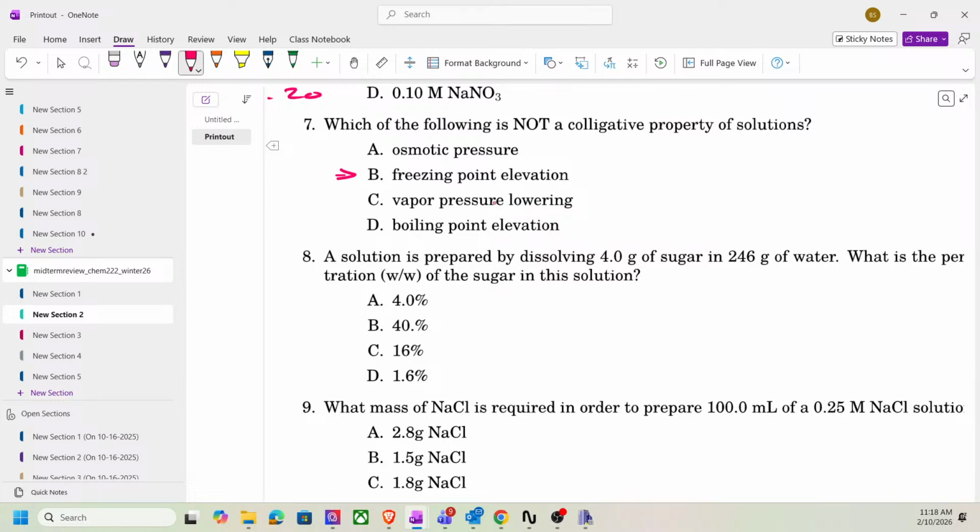Because the vapor pressure of your solution is less than your pure solvent. And boiling point elevation, right, that's true. So yes, it was B, and this was tricky in the past. Again, it's freezing point depression, so that's why that statement was incorrect.